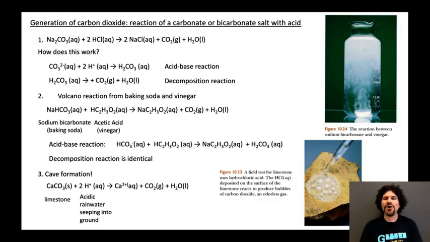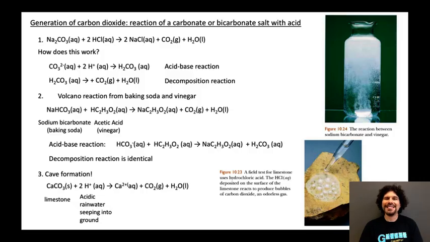So if calcium carbonate is treated with acid, that's what you see in the picture here. If you, in this case, take hydrochloric acid and put it onto a piece of limestone, calcium carbonate, you can see that it starts to bubble. And that's actually the carbon dioxide that's being given off in this reaction.